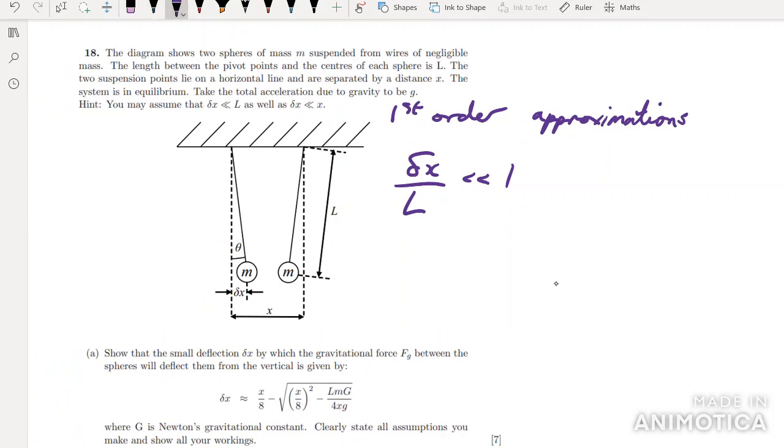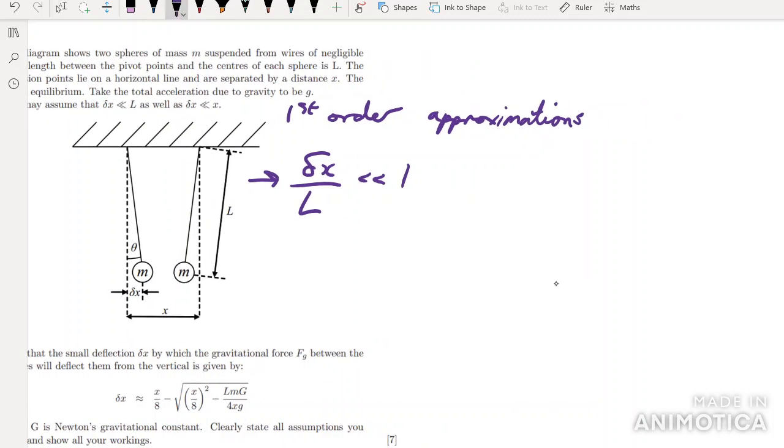Well, what you should be aiming to do is get it into this form, delta x over L. And let's say we had something like this in our answer.